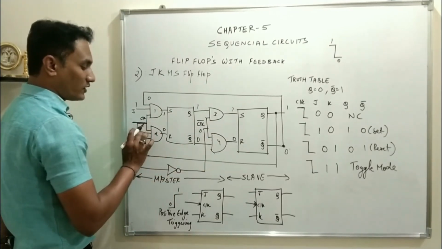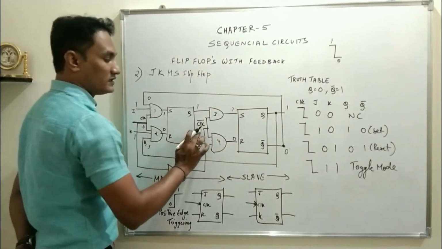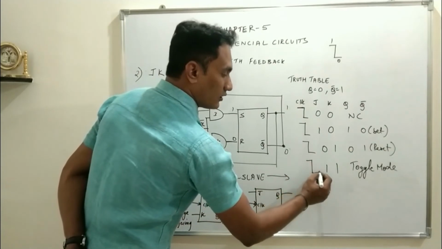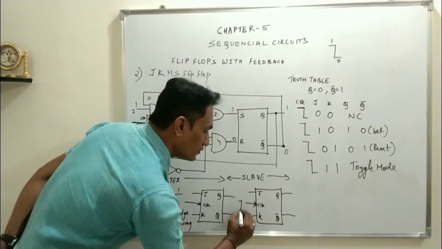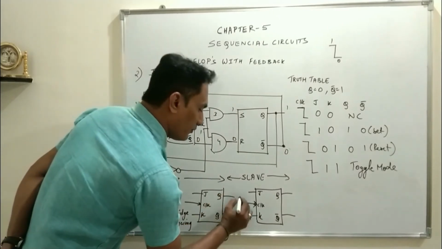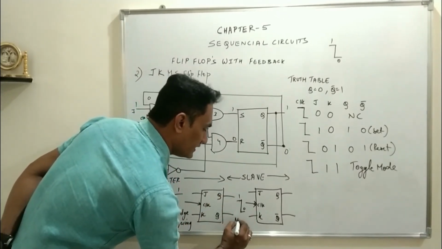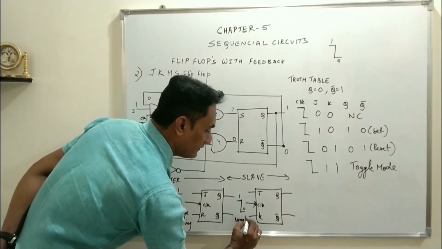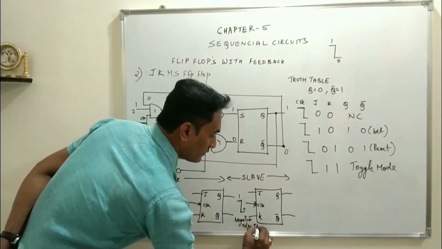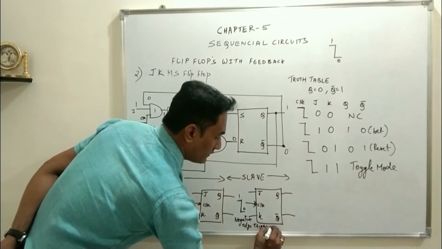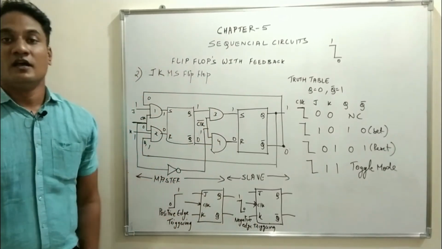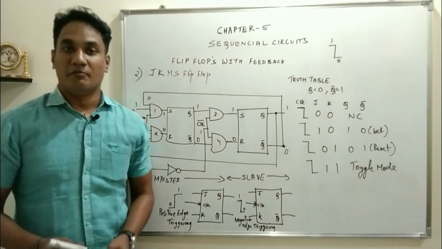When the clock goes from 1 to 0, the output will change. So output will change when the clock goes from 1 to 0, high to low. So that type of triggering is called as negative edge triggering.